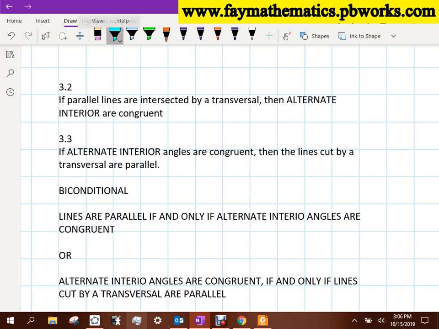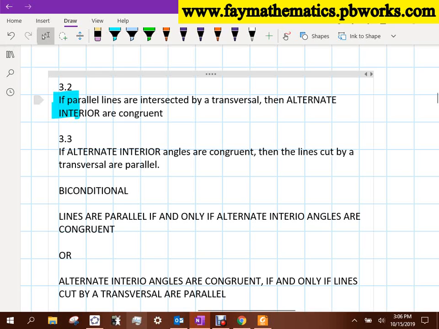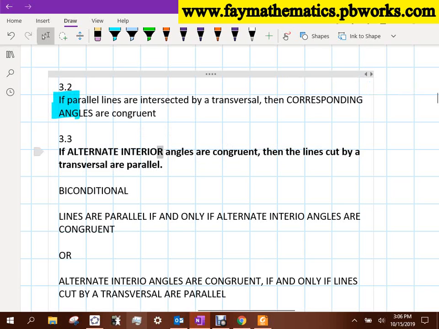So this is what we learned in 3.2. I cut and pasted this from the last class and changed it, using the phrase we just talked about: corresponding angles are congruent.